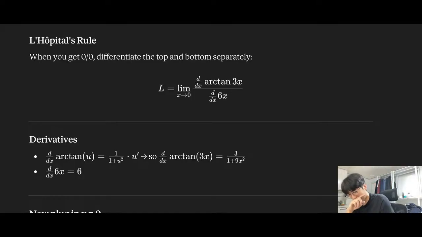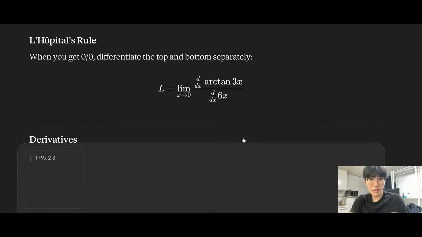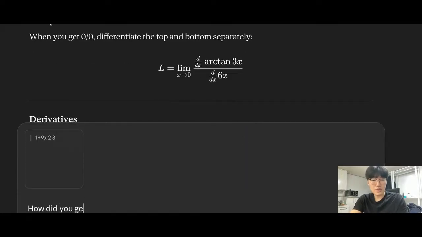No, I did something wrong. How did you get 9 here when the derivative of 3x is just 3?